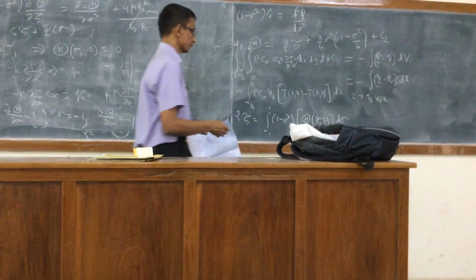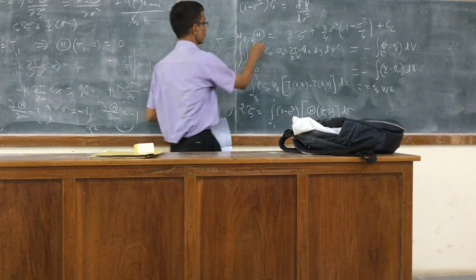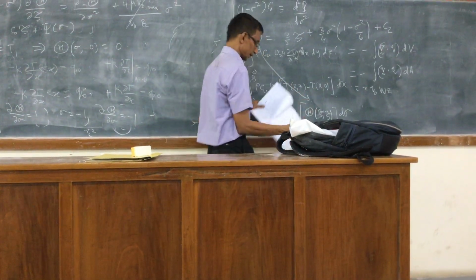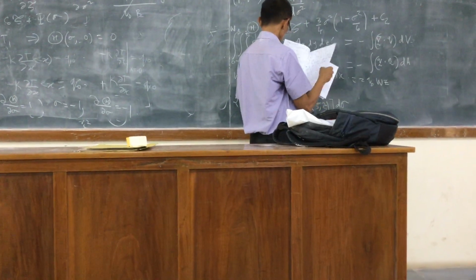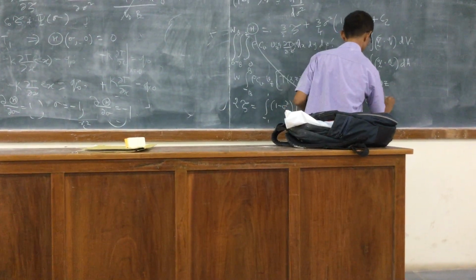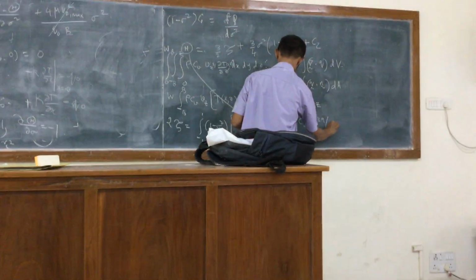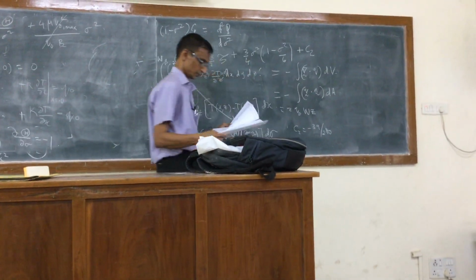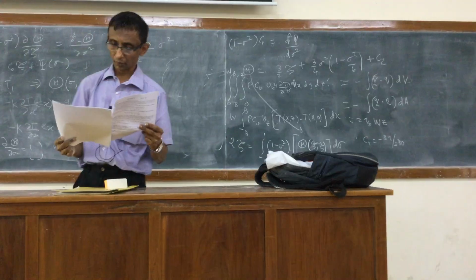If I do this and substitute for theta here, I will get the constant C2 to be actually minus 39 by 2 dt. That I let you do.